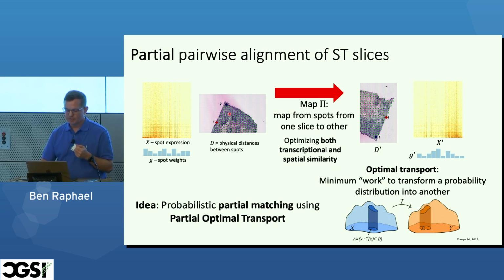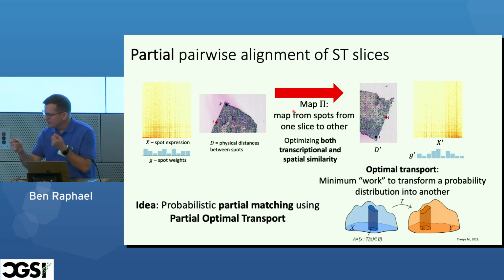So what we can do is define a transport plan to talk about moving spots to spots, in fact moving them probabilistically, so every spot could have some fractional mapping to every other spot, but doing this in a way to minimize the transcriptomic distance between mapped spots and minimize how much in space you have to move the spots.